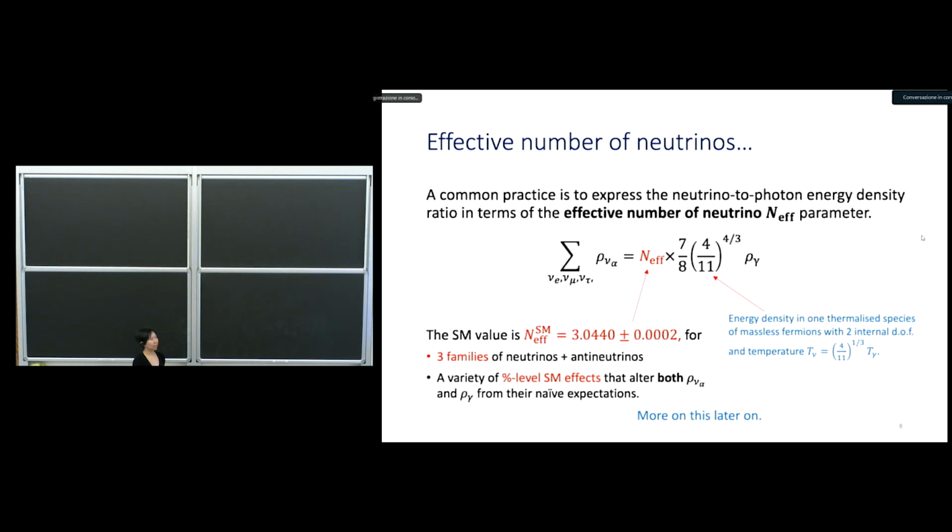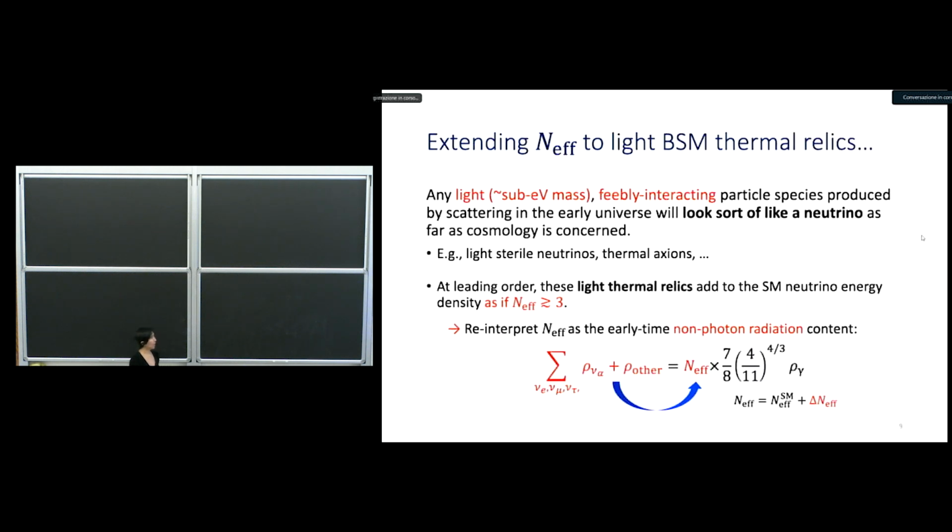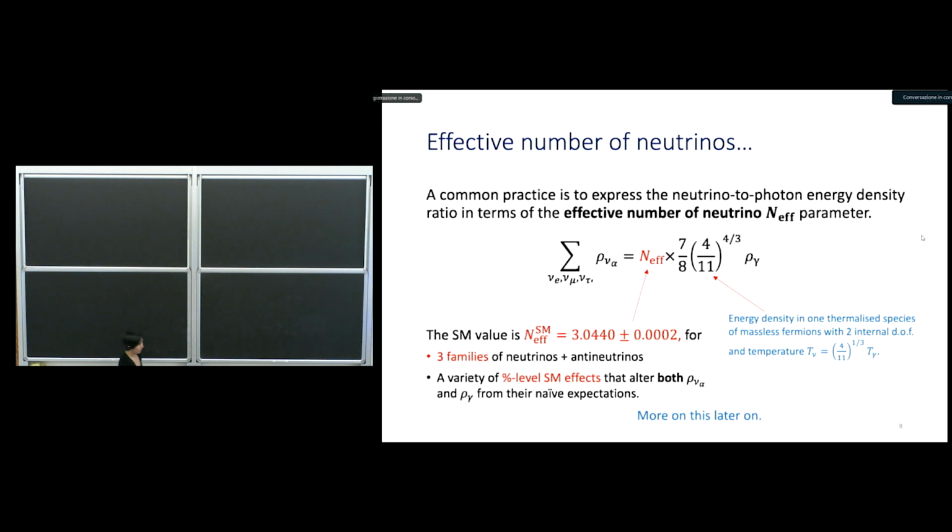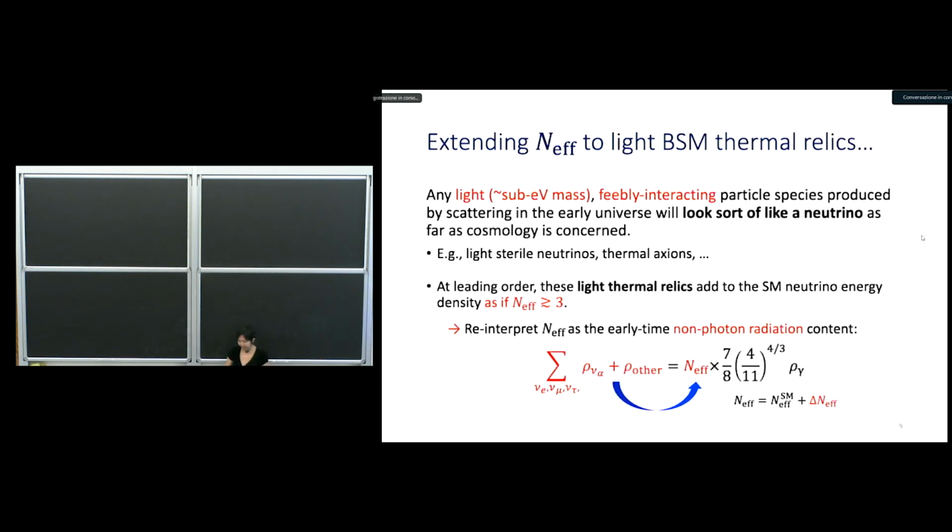And this percent level correction here comes from a whole lot of standard model effects like loop corrections, finite temperature corrections, etc. I'll say more about this in a bit. Okay. Now, since we can define the energy density ratio in neutrinos in this way, yet another common thing that people have been doing in recent years is to reinterpret this N effective parameter to describe also other light thermal relics.